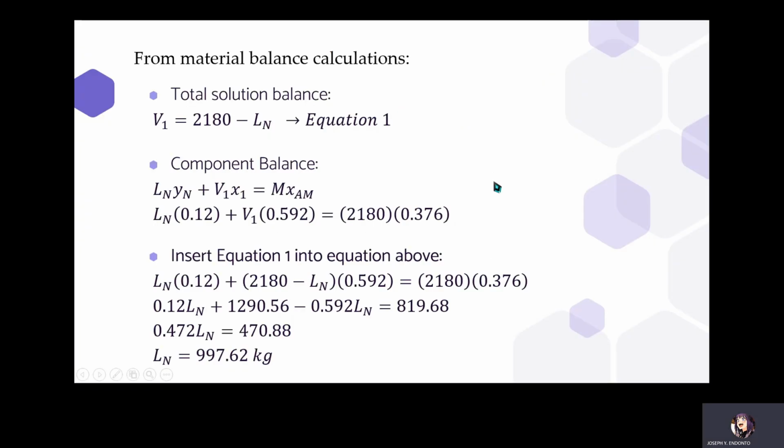As you can see here, these are the new values that we inserted, in the color red. The next step is to assume the equation where V sub 1 is equal to 2180 minus L sub n, which is equation 1.